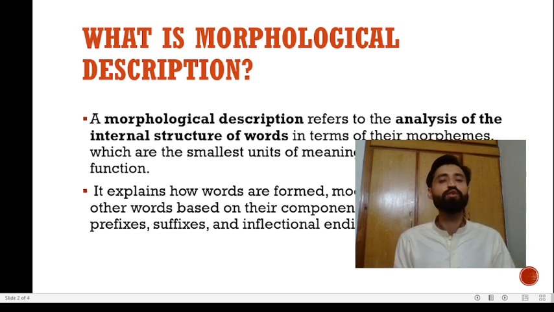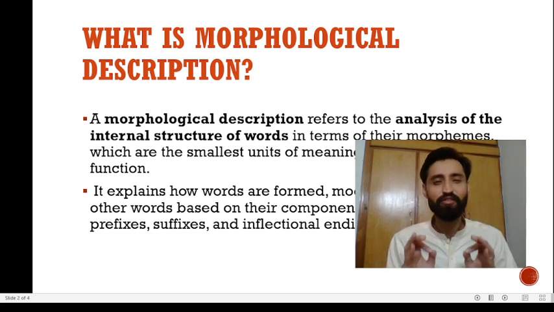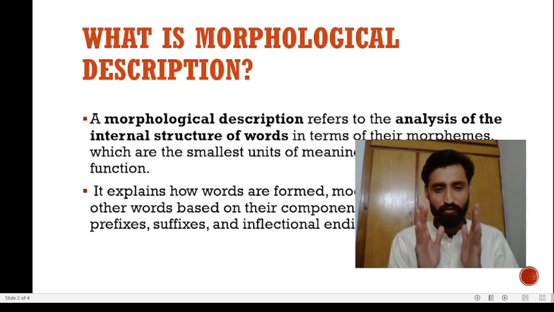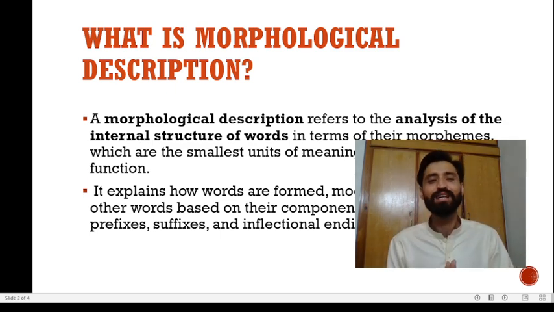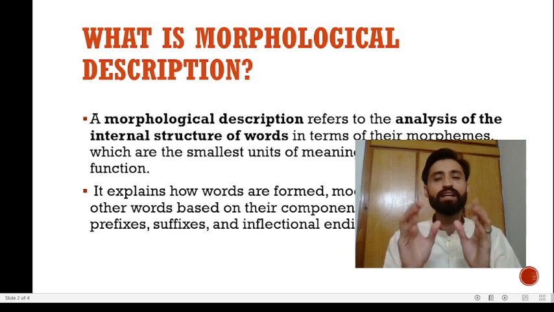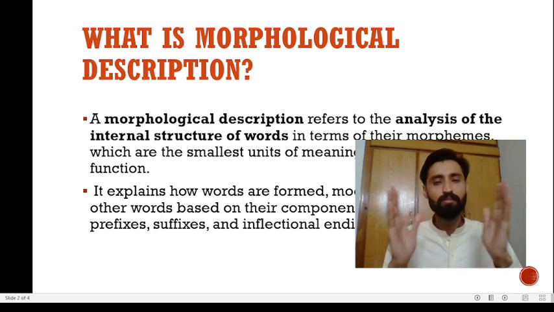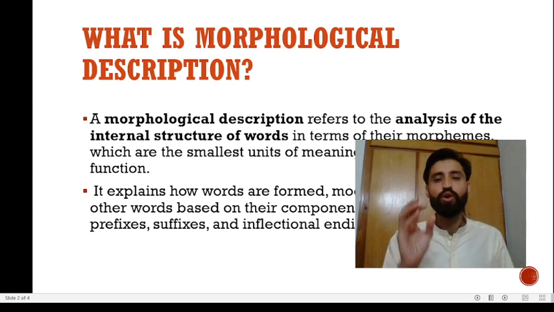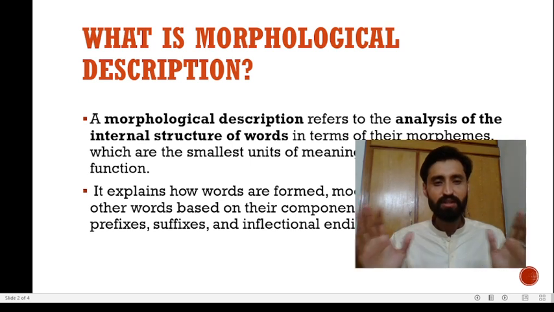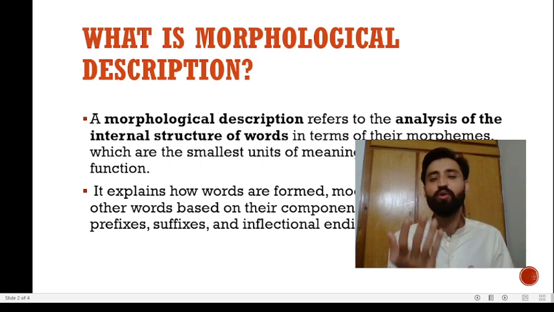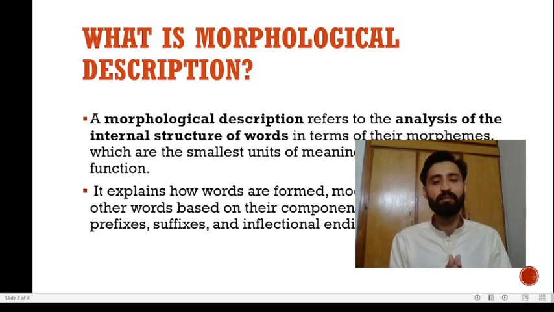So the first and foremost question is, what is morphological description? A morphological description refers to the analysis of the internal structure of words in terms of their morphemes. Look, we know that a word can have multiple morphemes. So if you are analyzing all the morphemes, meaning the internal structure of the words, which are the smallest units of meaning or grammatical function.